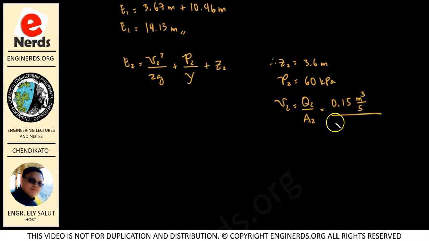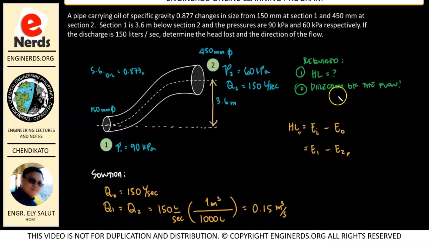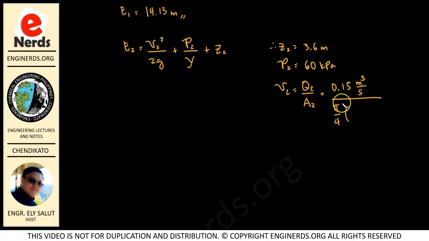And our area is equal to pi over 4 diameter squared. So, ang ating diameter is equal to 450 millimeters, no? So, let me put a bracket here. We have 450 millimeters times 1 meter over 1,000 millimeters, and we're going to square this.